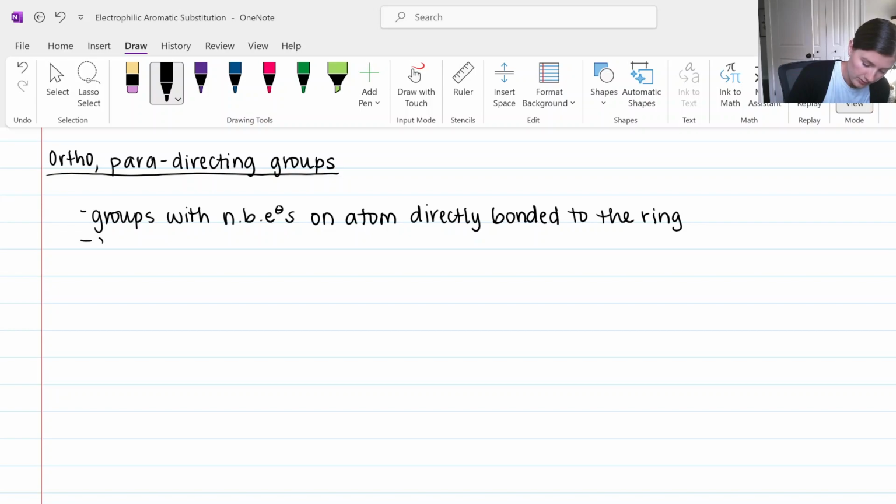Or an alkyl group. And these are all electron donating groups.